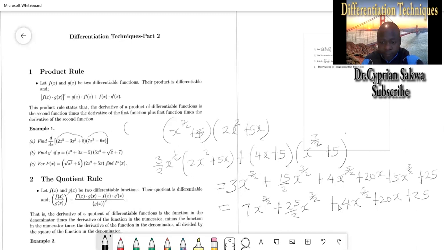Okay, I think this is correct. The 4 is there. Let's just go through it again. This was 3x raised to 5 over 2, and this was 15 over 2, x raised to 3 over 2, using this to be 3 over 2.